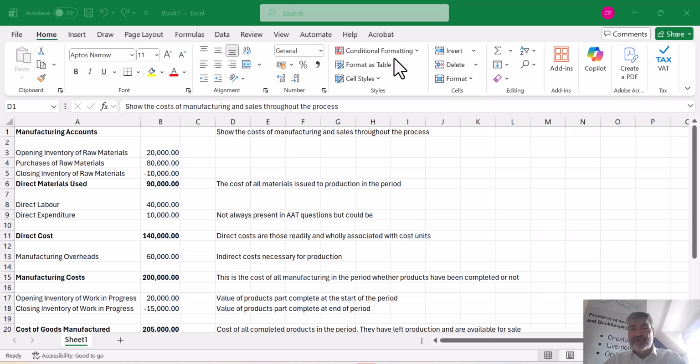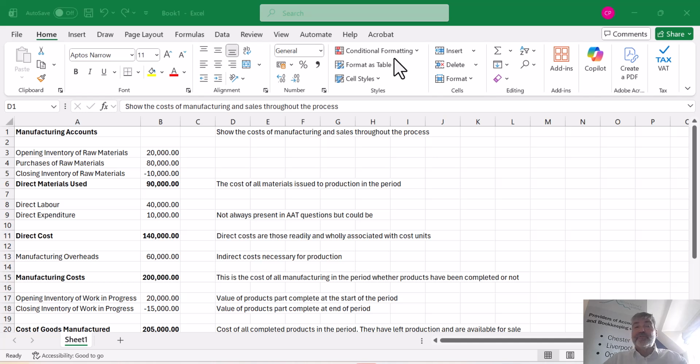So I'm sharing with you a simple spreadsheet that's got some notional numbers in that show the presentation of a typical manufacturing account. Now, what we're thinking about to start with are what are the costs of production or manufacturing in the period.